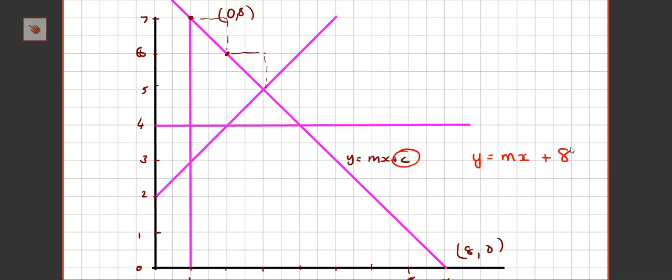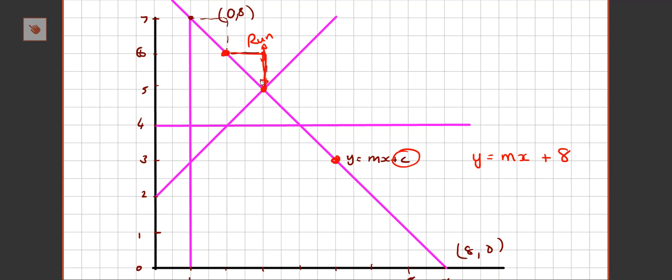Then we need the gradient. And the gradient is, we take 2 points that we know on the line, take them anywhere you like, and we work out the run, so how far across does it go, and then we either go up or down to work out the rise.